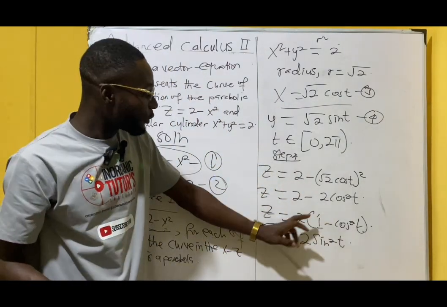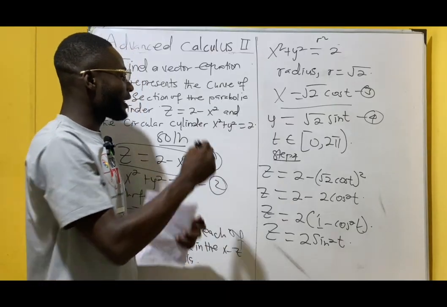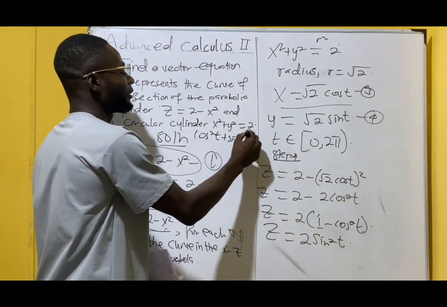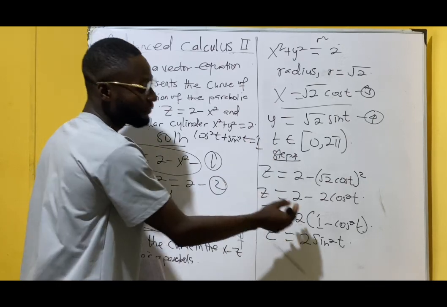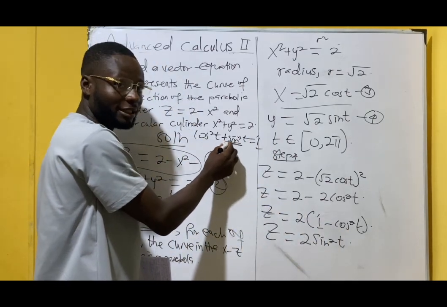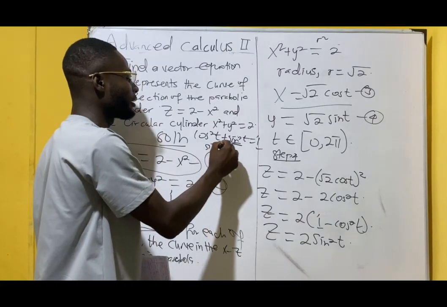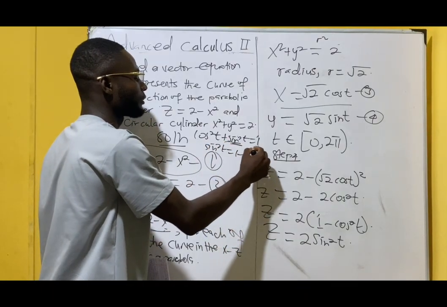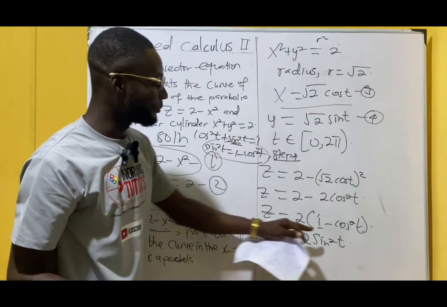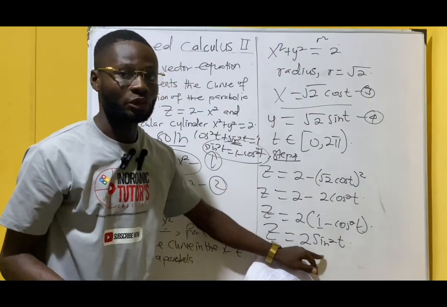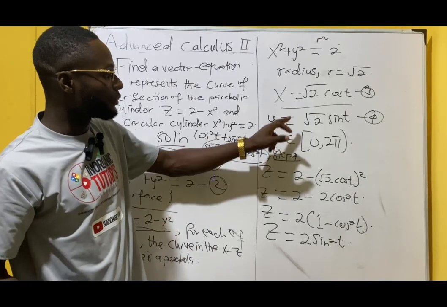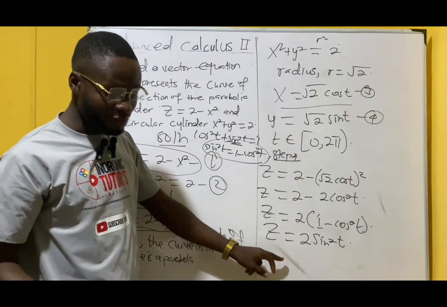From the trigonometric identity cos squared t plus sine squared t equals 1, sine squared t is equal to 1 minus cos squared t. We substitute sine squared t in place of this, then we have 2 sine squared t. So now we have our x component, our y component, and our z component.